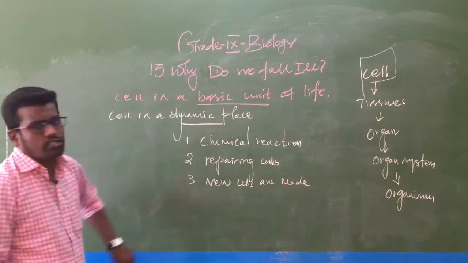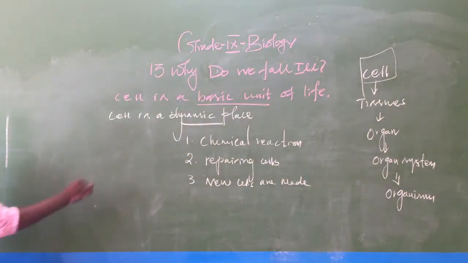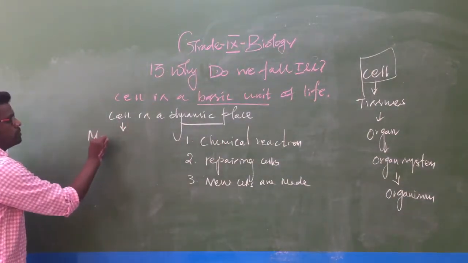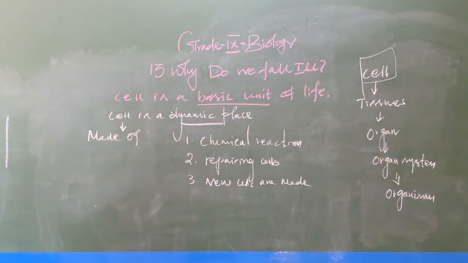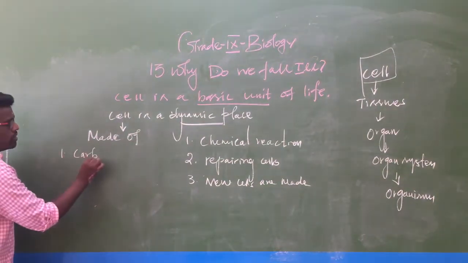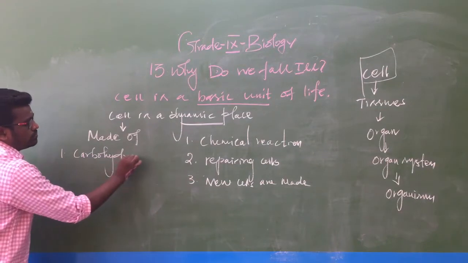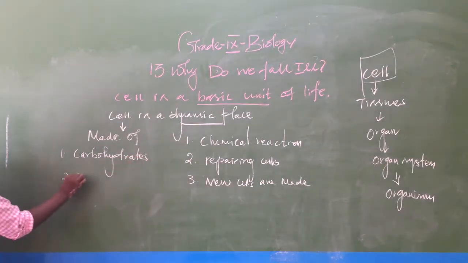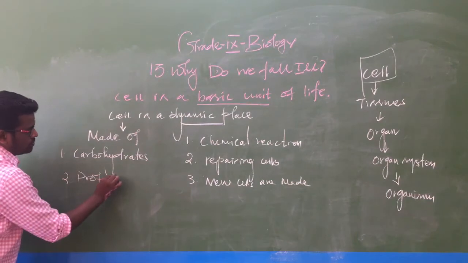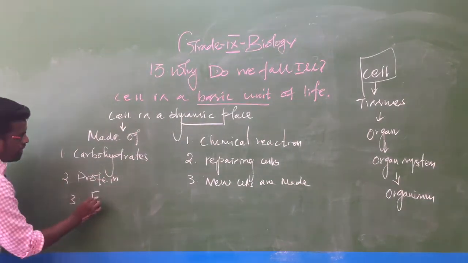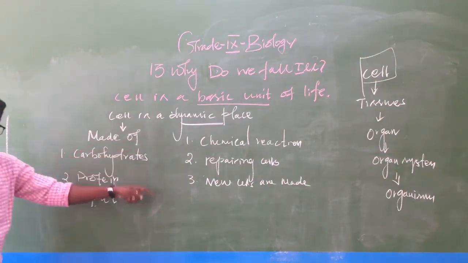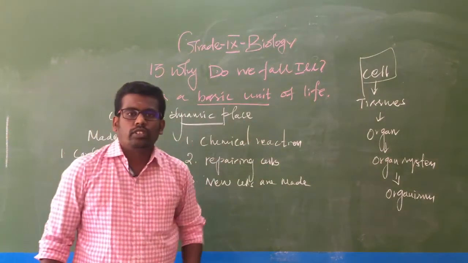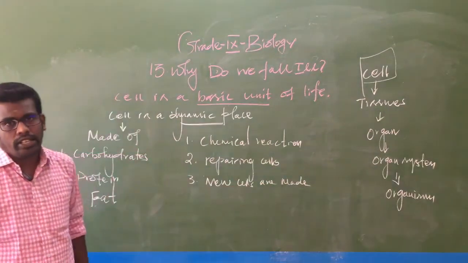And the cell is made up of a variety of chemical substances. The first one is carbohydrates, the second is protein, and the third one is fat or lipid. So these are the chemical substances which are present inside the cell.